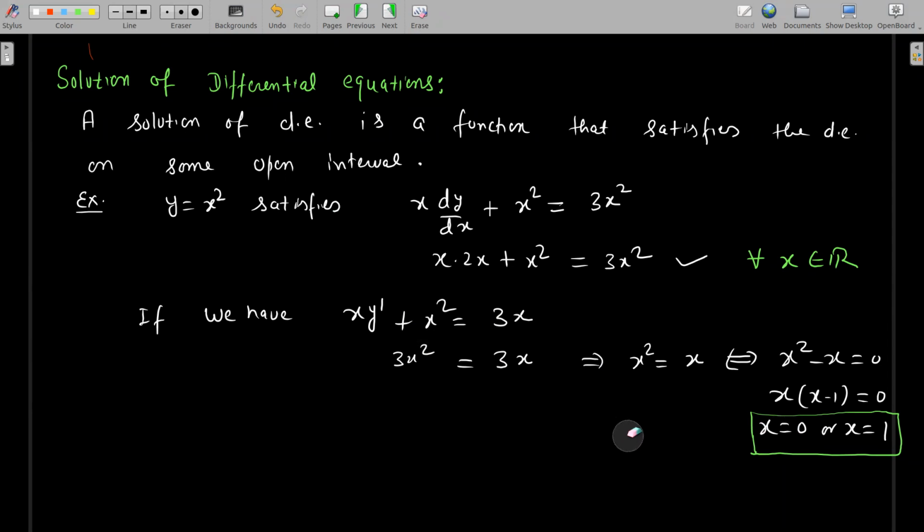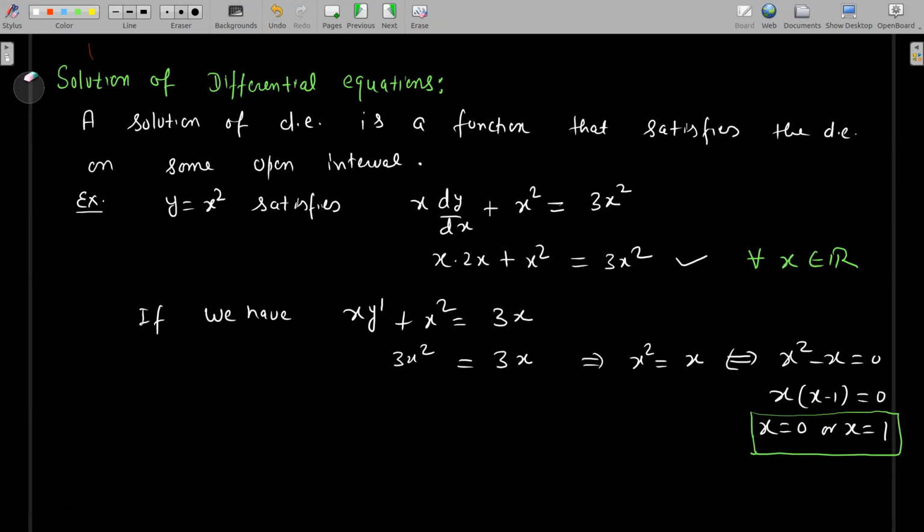They are not of concern. So we don't have any interest in these isolated points. So solution means solution on some interval, that can be an open interval, or it can be the whole real line. Okay, so in case 1 this is a solution but in case 2 this is not a solution.